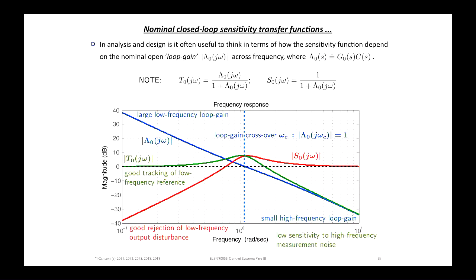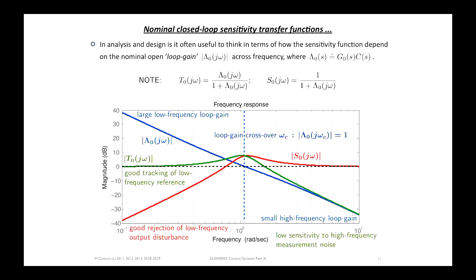What happens here very much depends on the phase of lambda at these mid-range frequencies. And as we'll see later on, how much these transfer functions pop up depends very much on the phase of lambda at these frequencies. And that's often the hardest thing to get right when choosing the compensator C. Getting this bit right is easy.